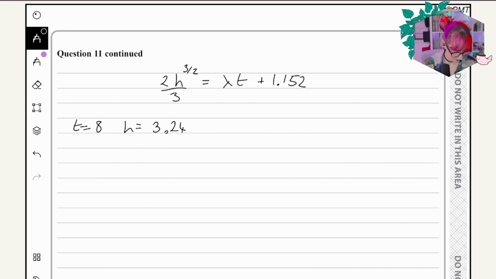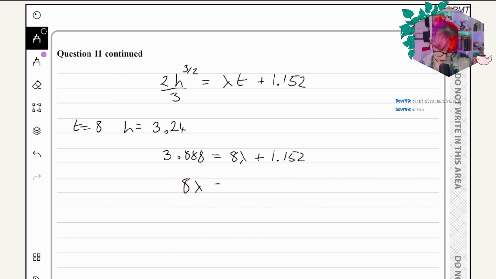Okay. So on this side, I now get 3.888 is equal to 8 lambda plus 1.152.